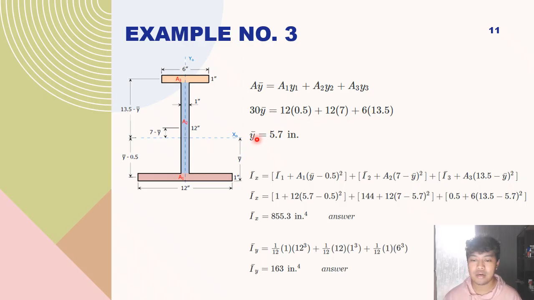So that means our y-bar is located 5.7 inches from the bottom of your shape, or your I-beam.